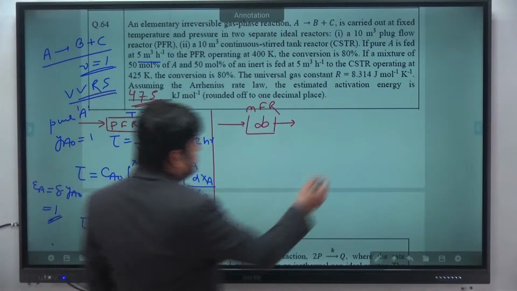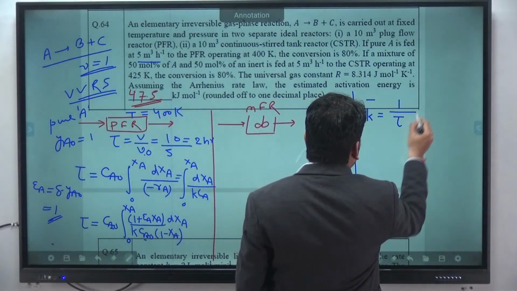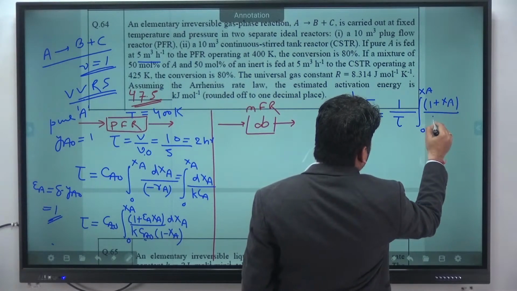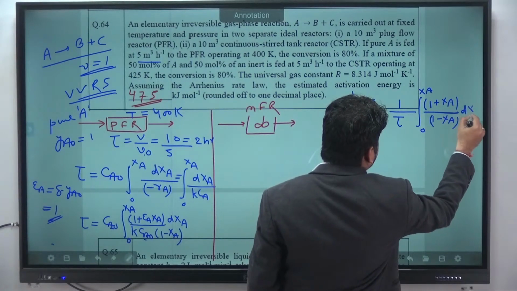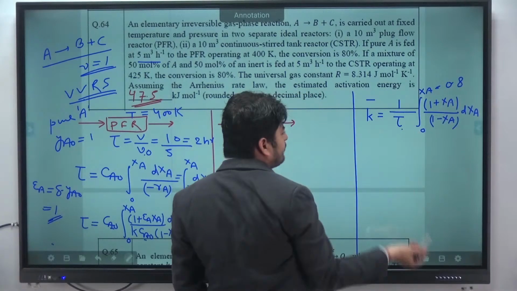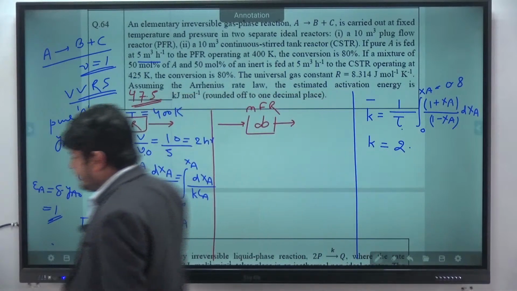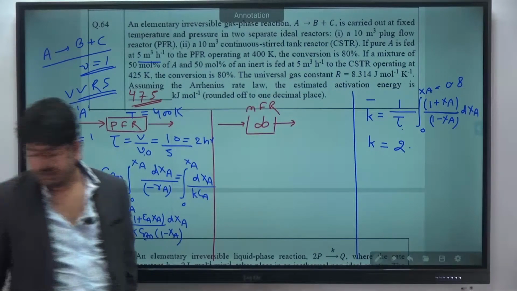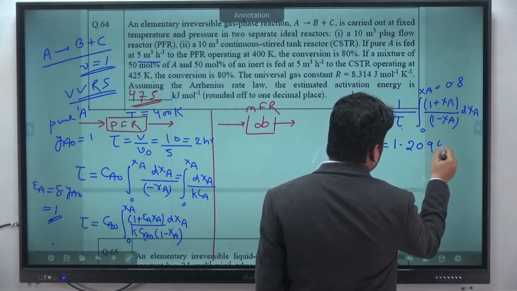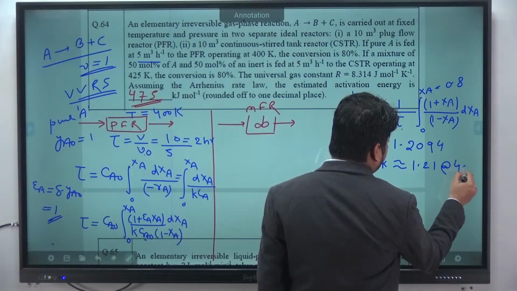So the equation will become K equal to 1 upon tau, integration from 0 to xa of (1 plus xa) over (1 minus xa) into dxa. Here you can put xa equal to 0.8 as given, tau equal to 2 which you have calculated. So you will get K equal to 1.2094, approximately 1.21 at 400 Kelvin.